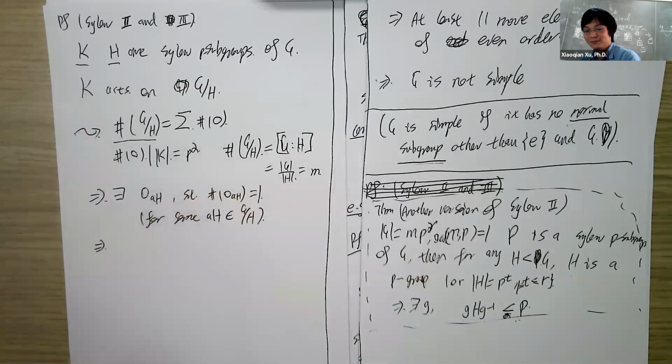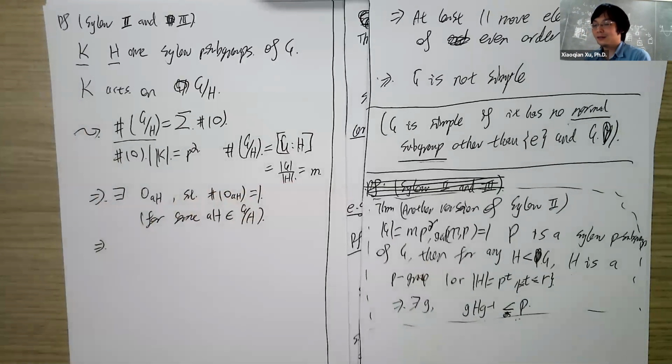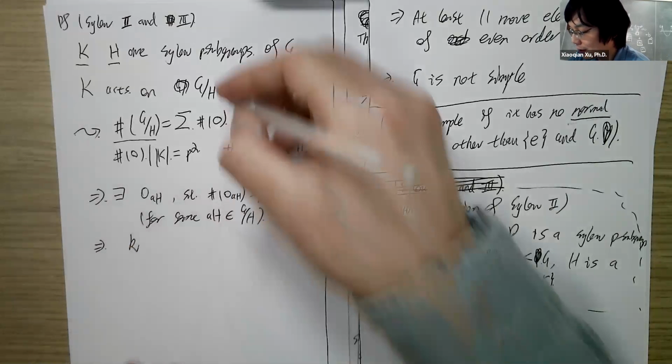What does that mean? That means K acting on this AH, with left multiplication, has an orbit containing one element.